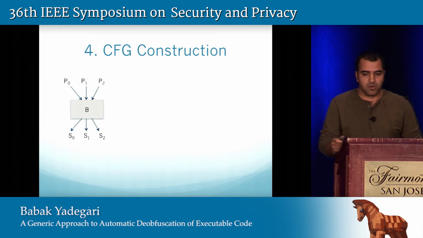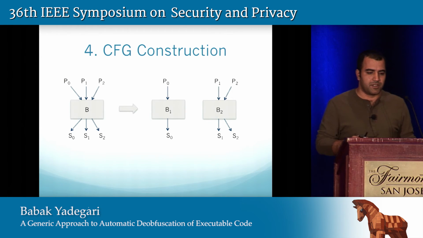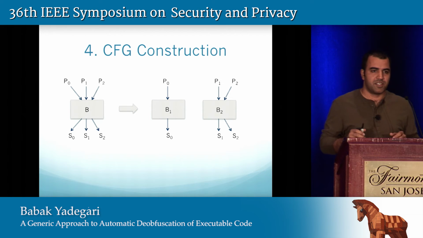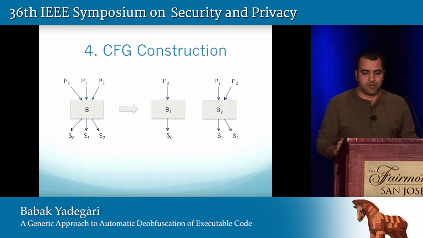which doesn't make sense. So what we do, we try to duplicate these basic blocks as a way of distinguishing different instances of using one functionality in the original code. So this actually reduces the number of spurious paths in the final CFG.